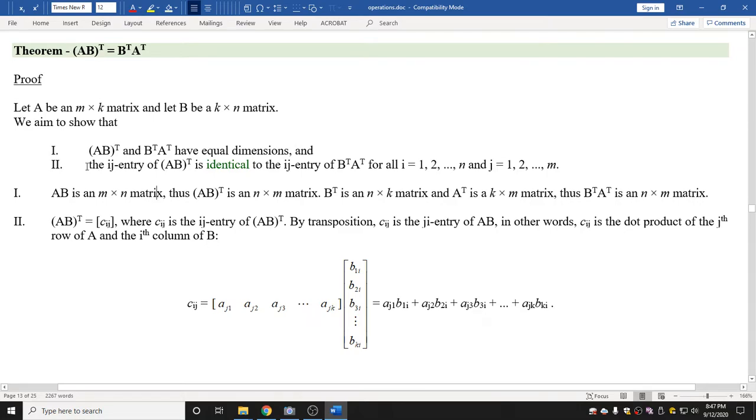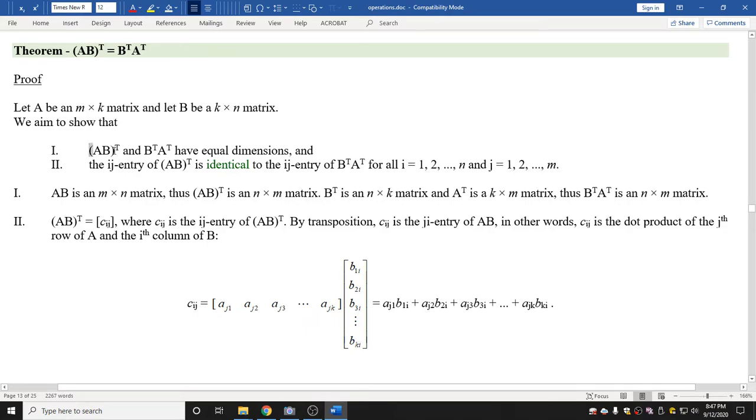And in our second goal, we want to show that the generic entries of (AB) transpose are identical to the generic entries of B transpose A transpose. That is, the ij entry of (AB) transpose will be equal to the ij entry of B transpose A transpose for all i from 1 to n and j from 1 to m.